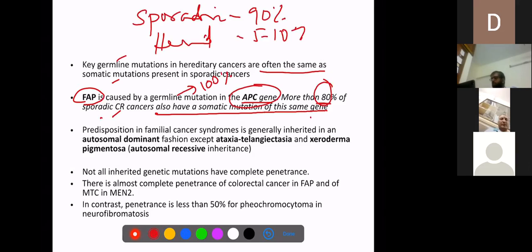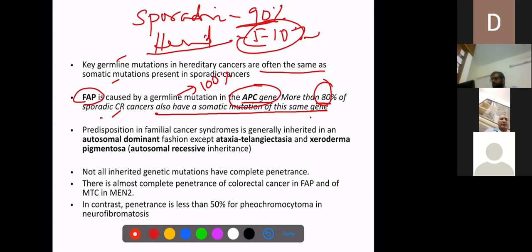In that 5 to 10%, 100% of these patients will have a particular mutation for that syndrome. In sporadic cases, the same mutation may be present or a different mutation may be present. So often, hereditary mutations and sporadic mutations are alike.